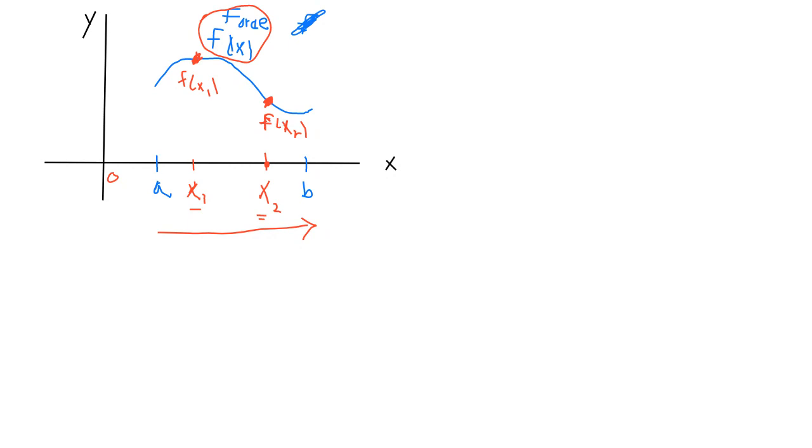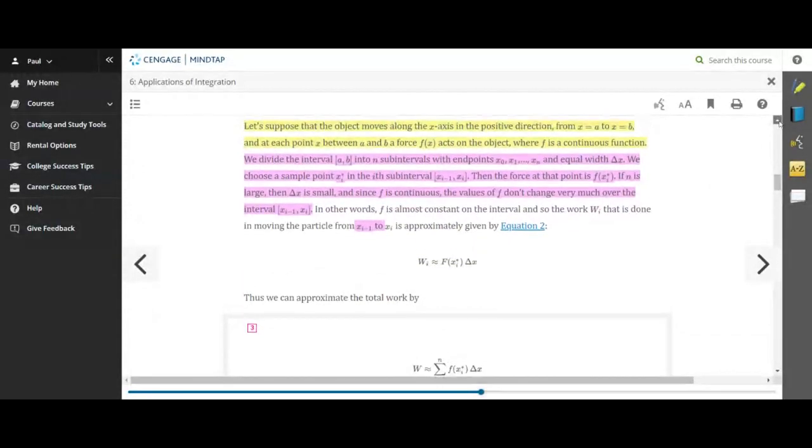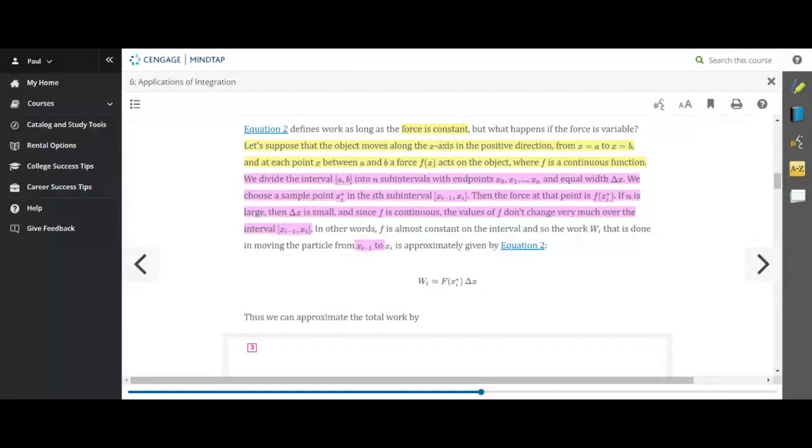So if we go back to the book here, this is all in the recording. If we go back to the book, they're saying, let's suppose the object moves along the x-axis in the positive direction from x equals A to x equals B, and at each point x between A and B, a force acts on the object, where f is a continuous function.